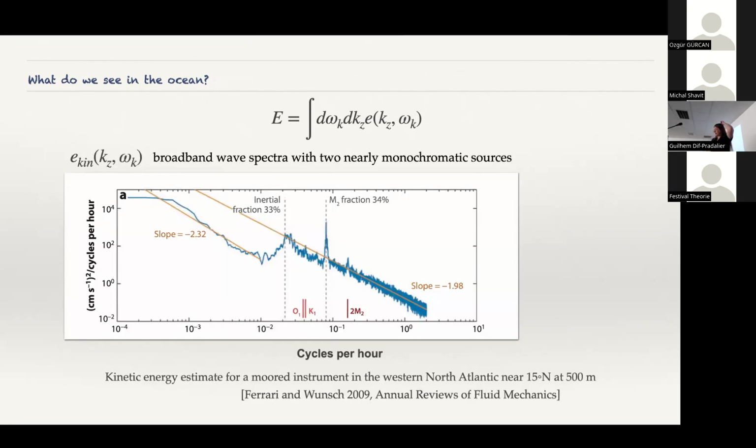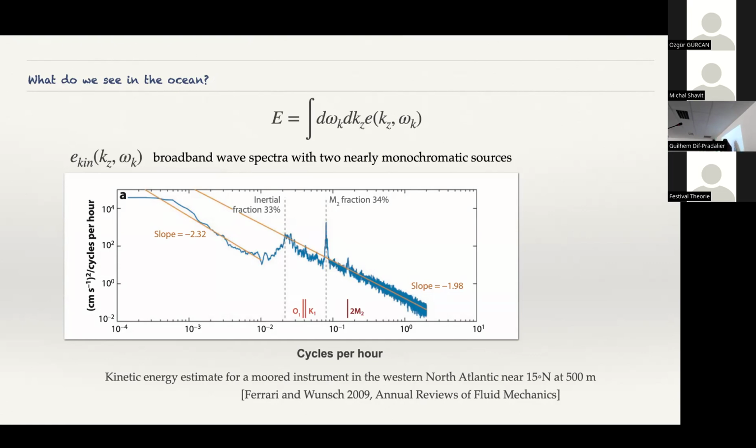Here I'm going to show you the measurement. This part of the measurement is in the frequency. I'm showing you a measurement from the North Atlantic, but it's actually not very important, because qualitatively all the measurements look the same in different places in the ocean.